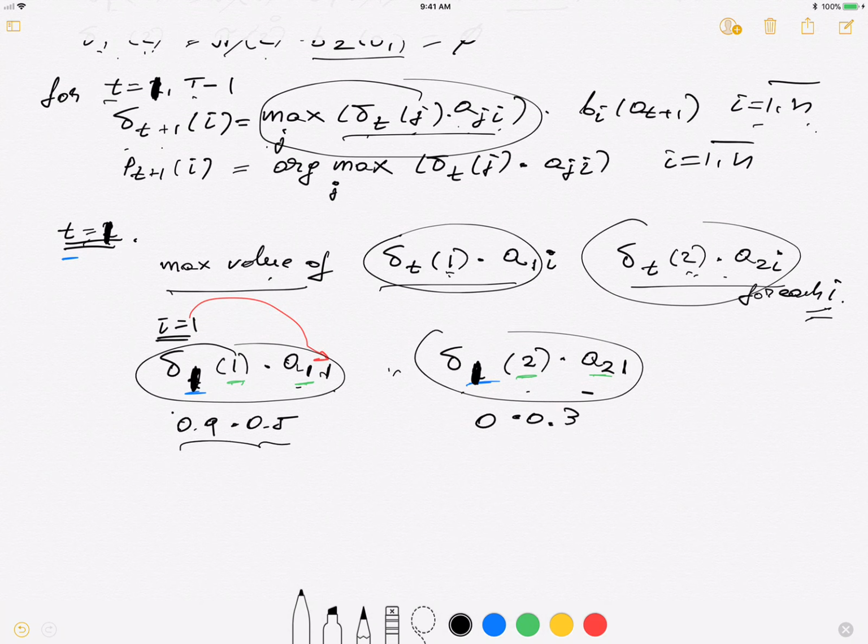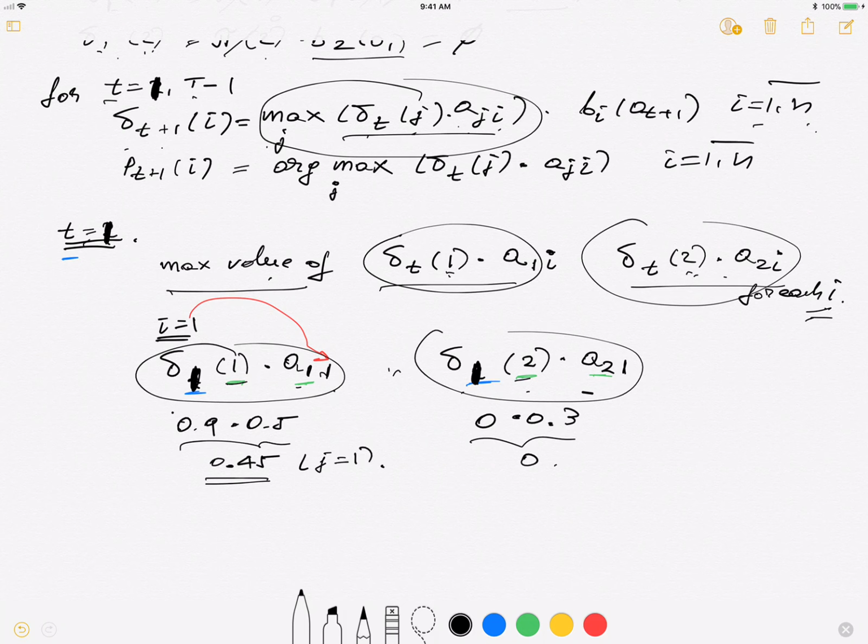So this result is 0.45. This result is 0. Which result is larger? Obviously this result is larger, which is obtained for j equal 1.